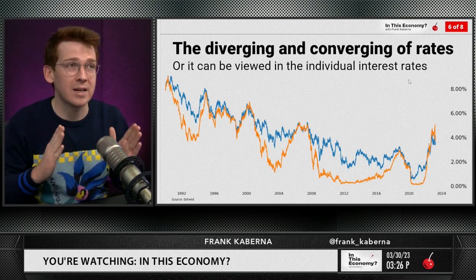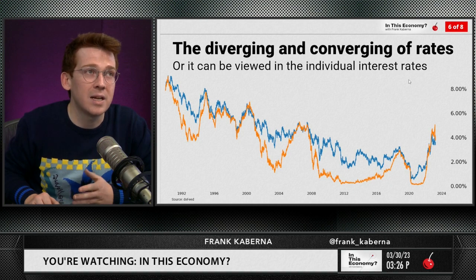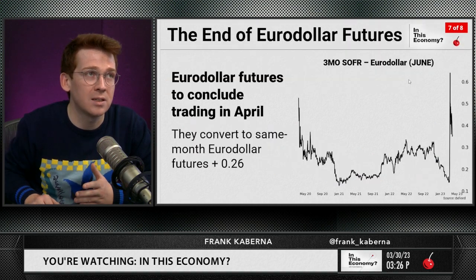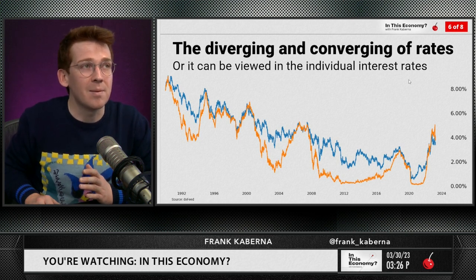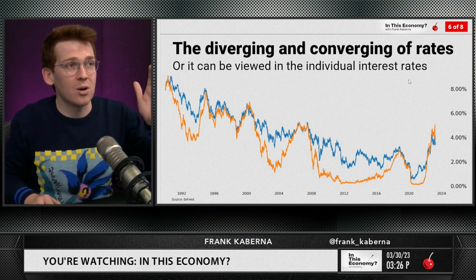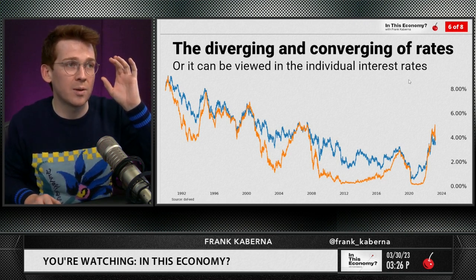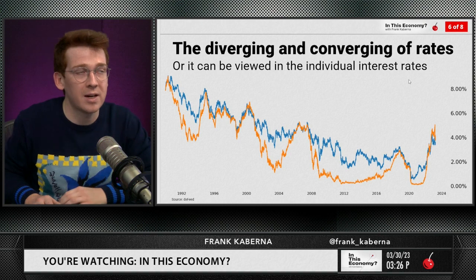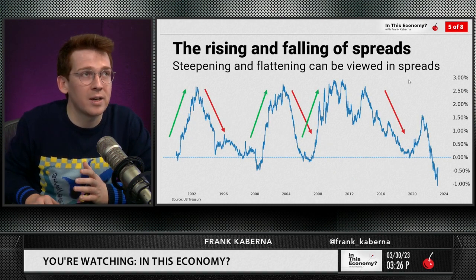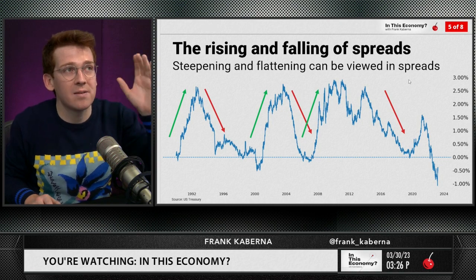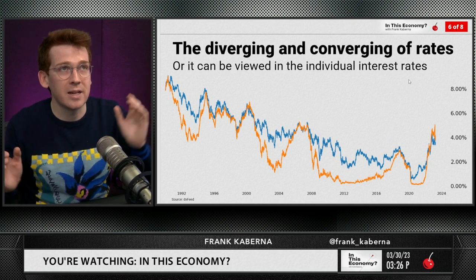There you have flattening. There you have the difference between these yields getting near to zero. And you can keep your eyes on that mid-90s area where we go from there being a significant difference between the blue and the orange to them coming together in about 1995, 1996, with the spread right there correlating to a big difference, a high value in the spread, down to almost zero as they converge.